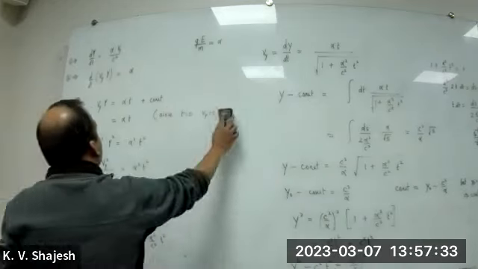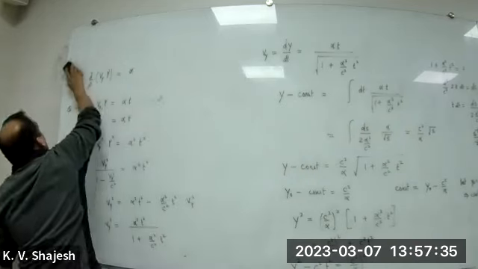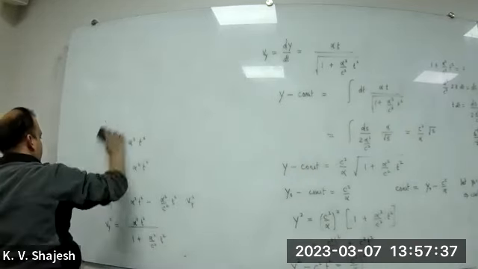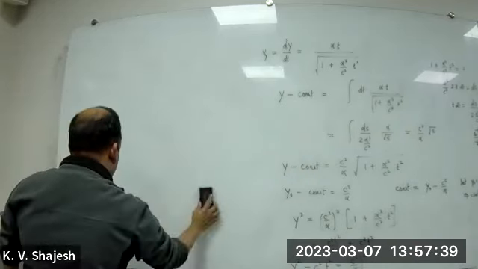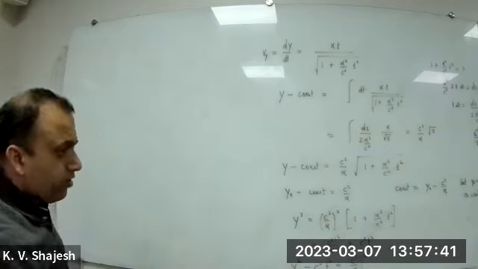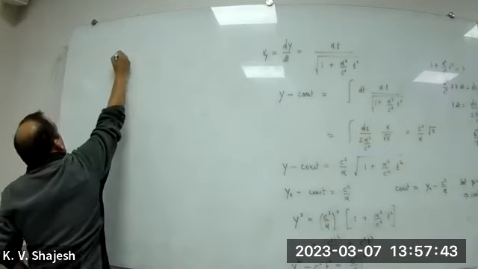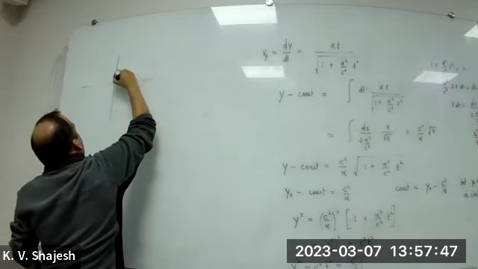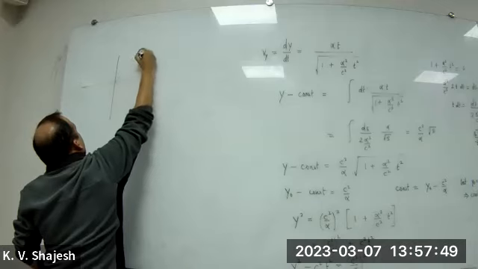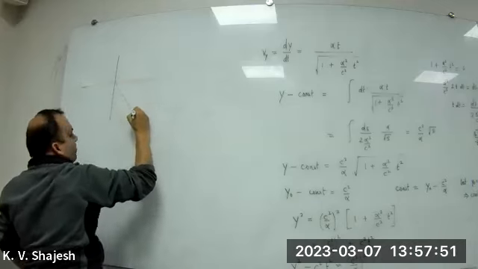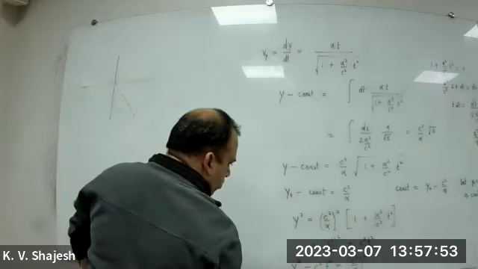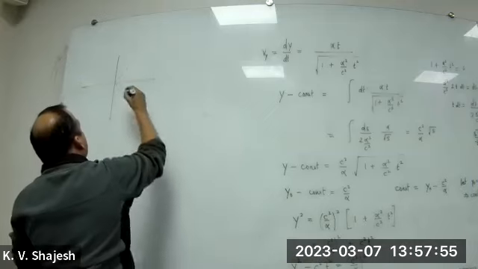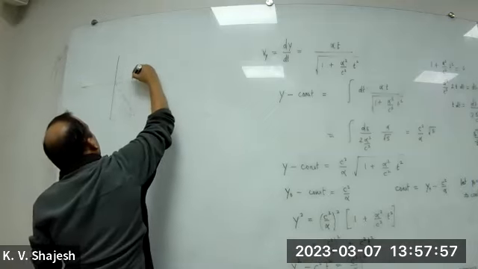If you were to plot this, if you allow me to erase all this. Since at time t equal to 0, y is a constant, we said that's c square over alpha.